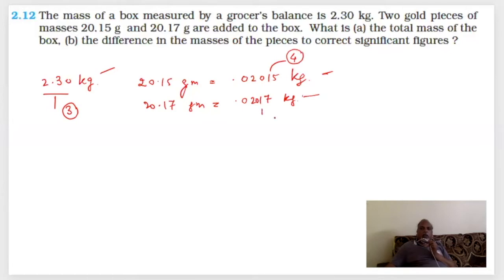In this case also, 4 are there. So you have to report your answer in the minimum number of significant figures, that is 3. This is in case of addition.